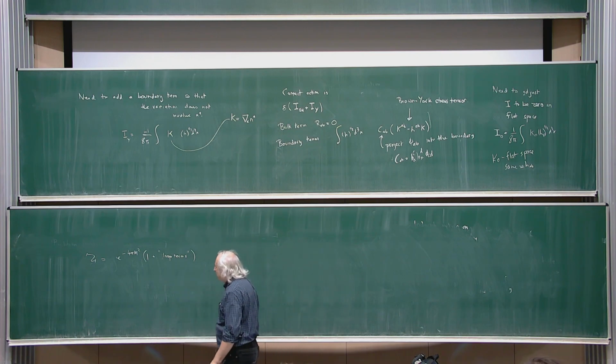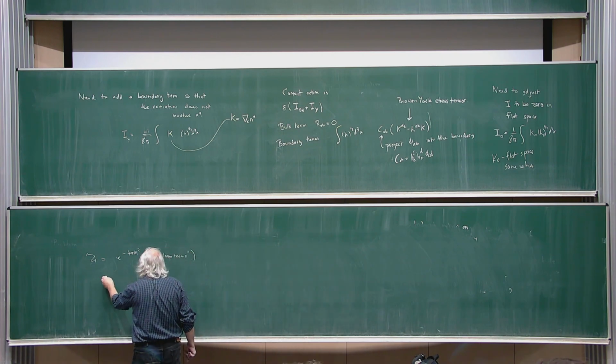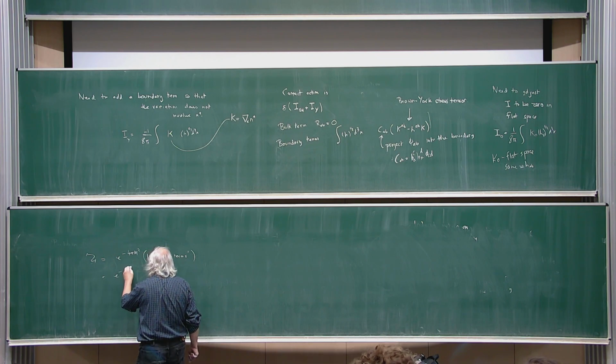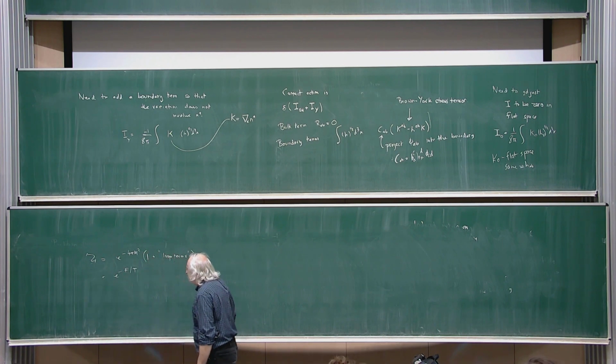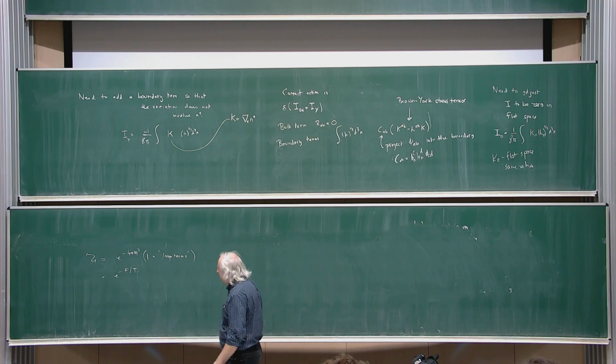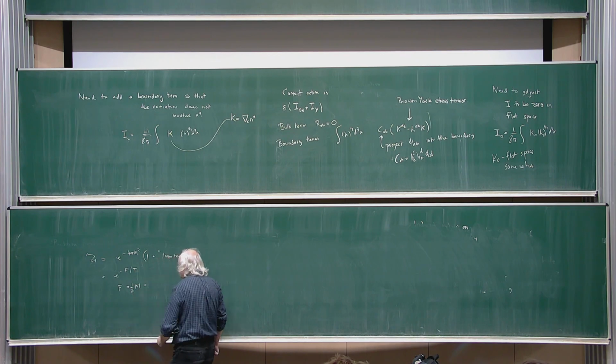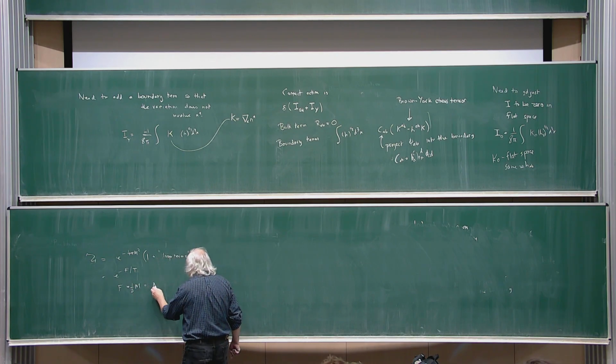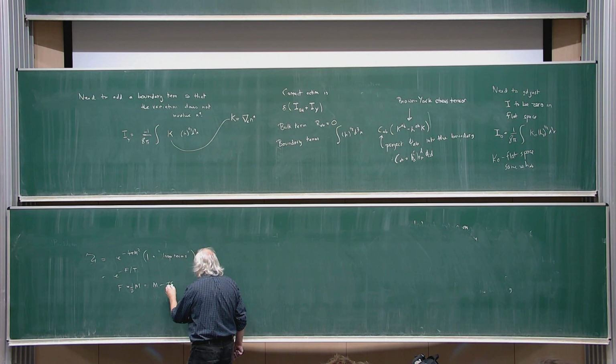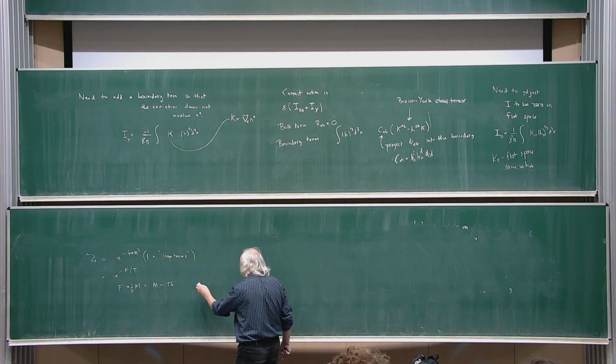But the partition function in the canonical ensemble is just e to the minus free energy divided by the temperature. So if you believe that, F is equal to a half m. But that's also equal to m minus Ts. So you will discover that S is equal to 4 pi m squared.